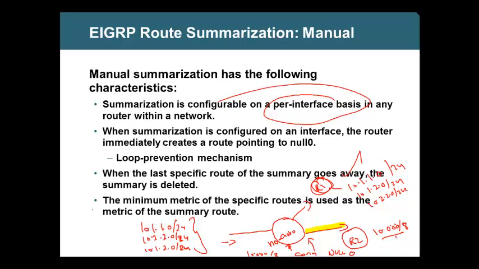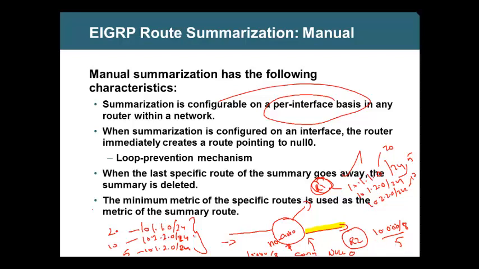Now what will be the metric of the summarized route? Let's say the metrics of these are 20, 10, 5. R1 will learn this as 20 plus whatever is in between, this as 5 and this as 10. But R2 will learn only 5.